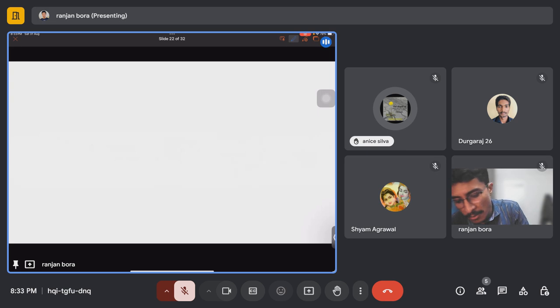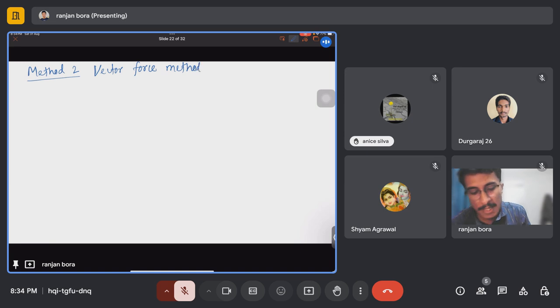So I will show now the next method, how we can solve the same problem using another method. That method is known as the vector force method, or force vector method. In this method, we will use vectors. We will consider force as a vector and we will draw the vector triangle of force, because there are three forces in the system.